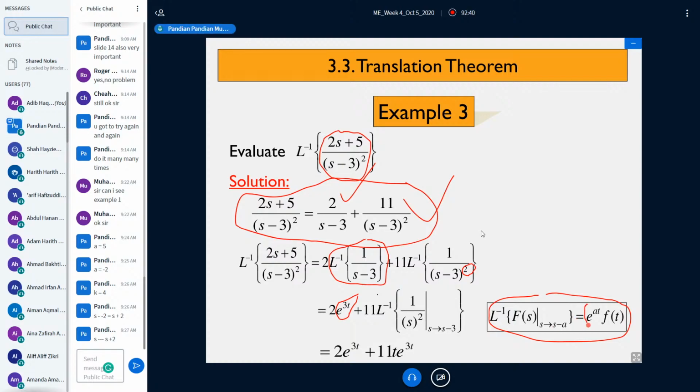You are using this formula, f(t) is t to the power 1, because n is 1 and n plus 1 is 2. So using this formula, e^(at) f(t), a is 3, so e^(3t) multiplied by t. In fact, e^(3t) multiplied by t, but they put t in front. So the answer is 11 t e^(3t). So this is your final answer for the inverse Laplace of this.